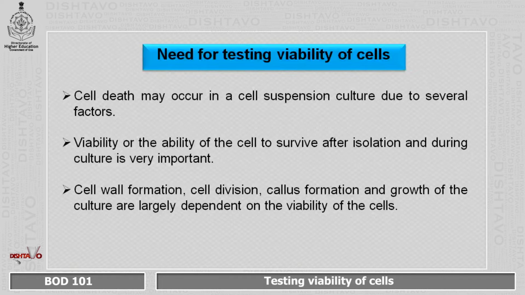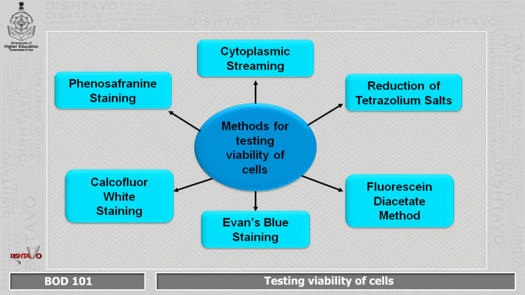Cell wall formation, cell division, callus formation and growth of the culture are largely dependent on the viability of the cells. Now, let us look at the different methods for testing viability of cells.